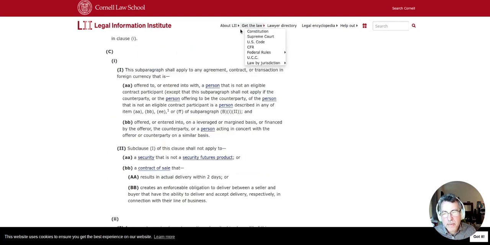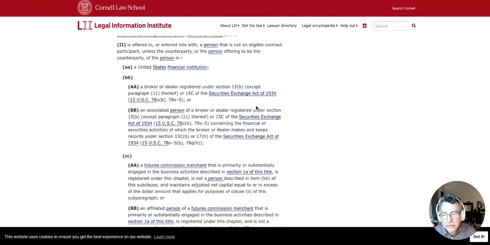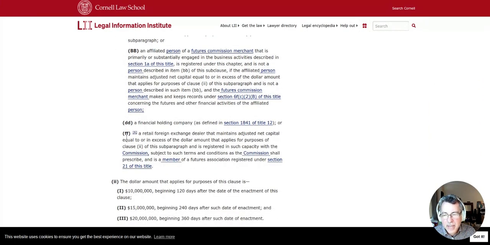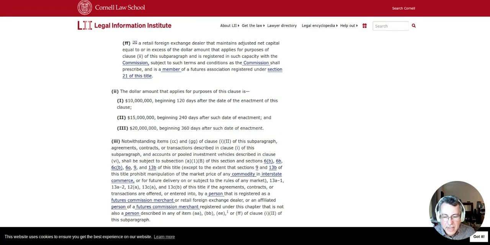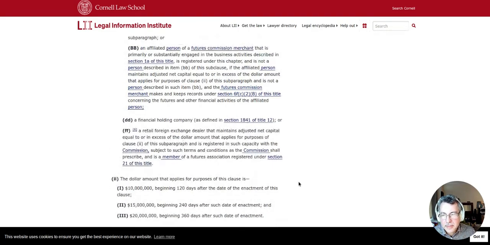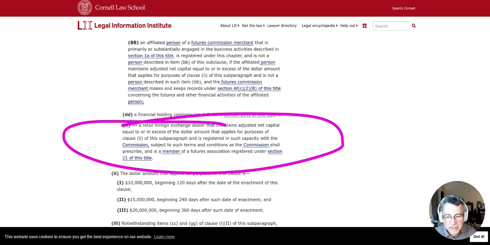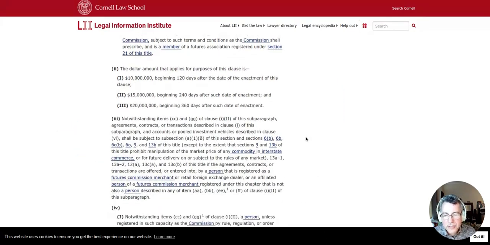Now, I mentioned before how poorly drafted this section is, and I'll give you just one example. So if you look at these sections, AA, BB, CC, DD, FF, it ends at FF. And here it refers to section GG, which doesn't exist. So in an earlier draft of this statute, there was something else here, which meant that this was GG, but they deleted something, and now this became FF instead of GG, but they didn't change the other sections.